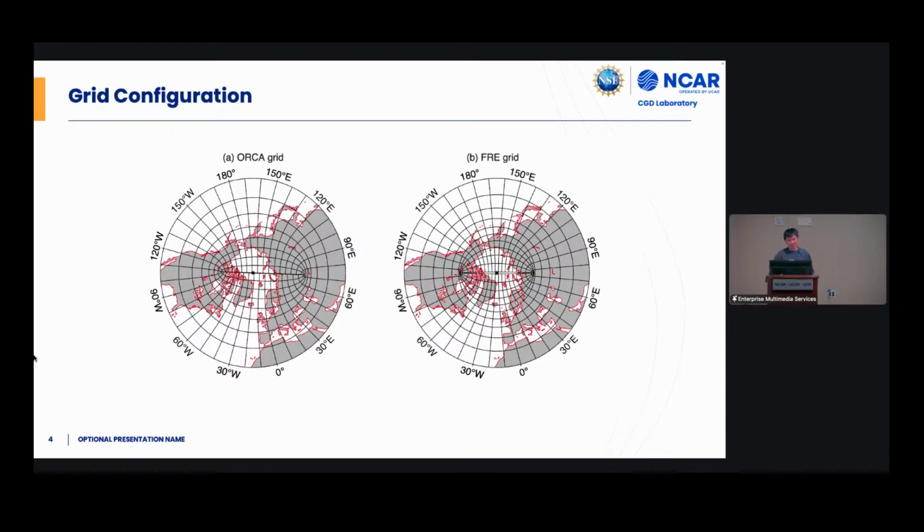It is still a tripolar grid, but you can see the grid configuration for the northern hemisphere is different. It's mainly because the 2 degree resolution is too coarse for the ORCA grid to work properly. So that's why we decided to use a different configuration.